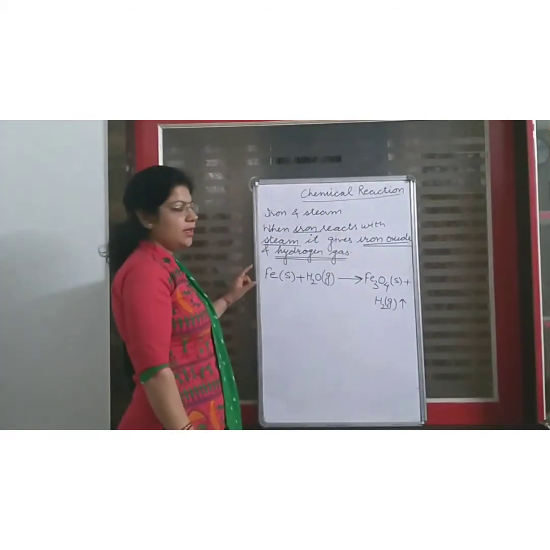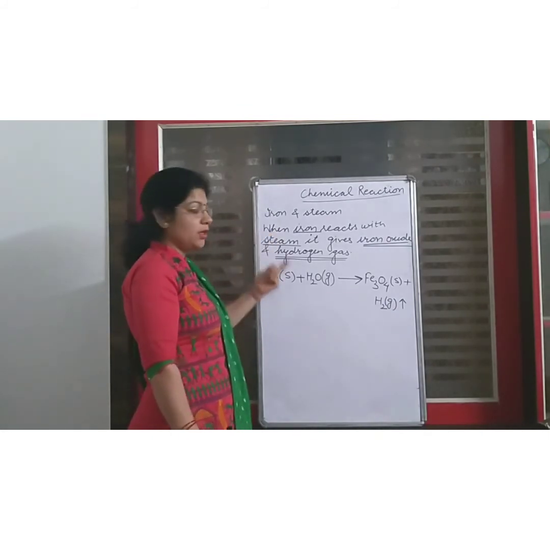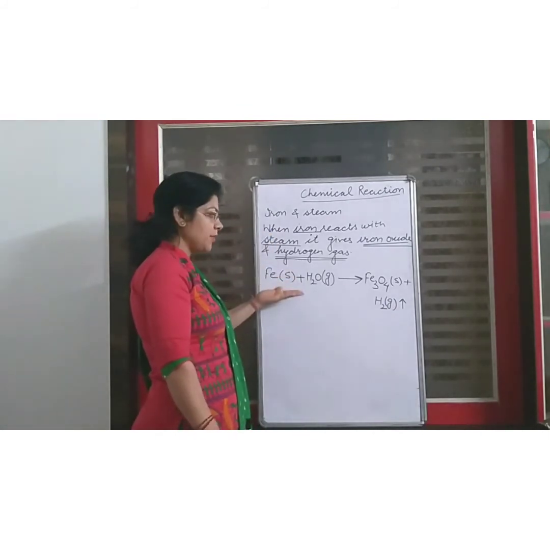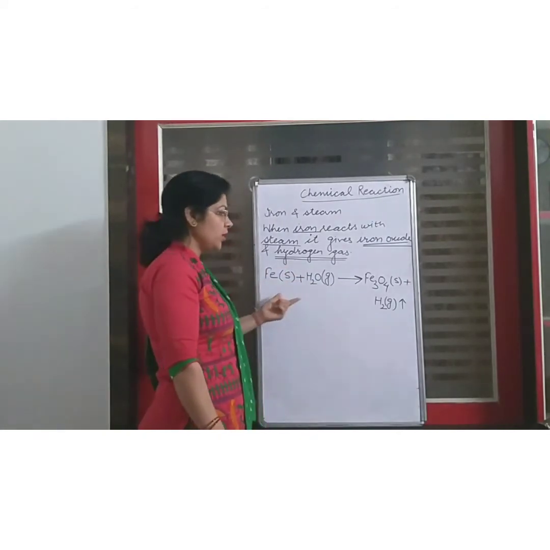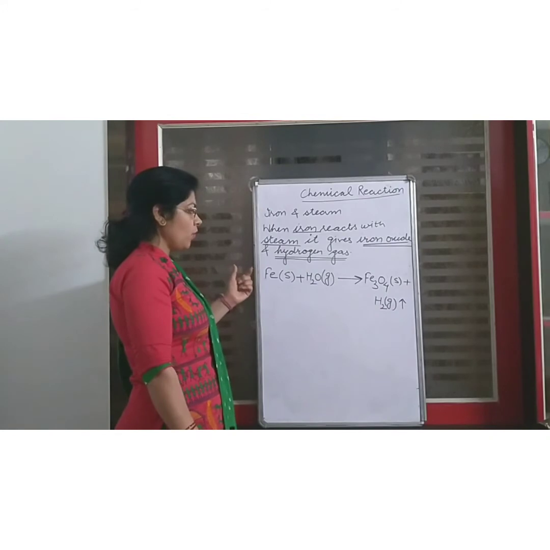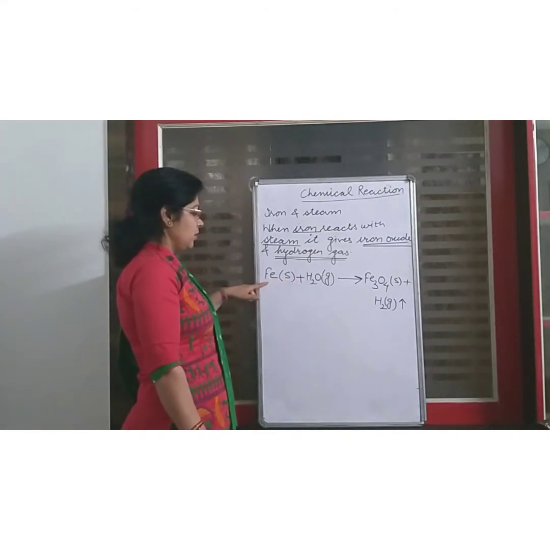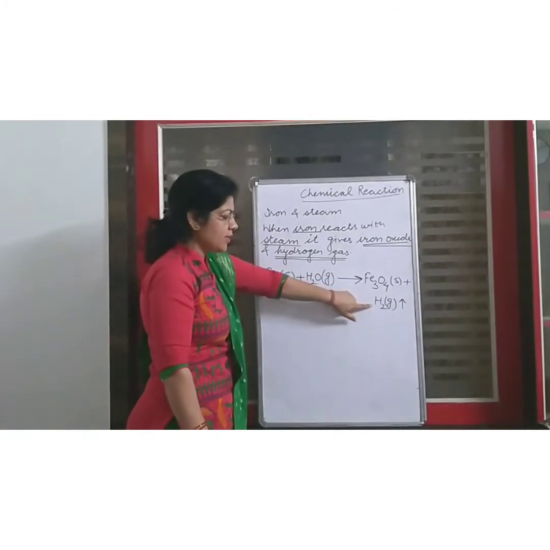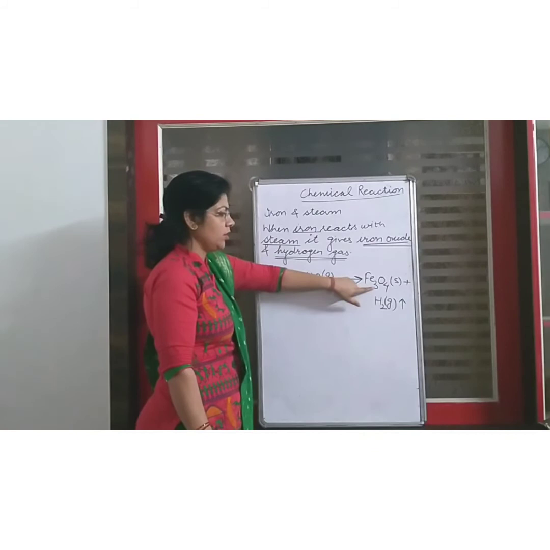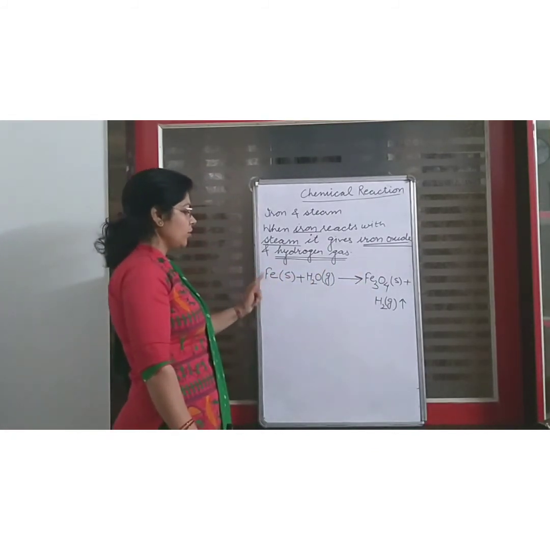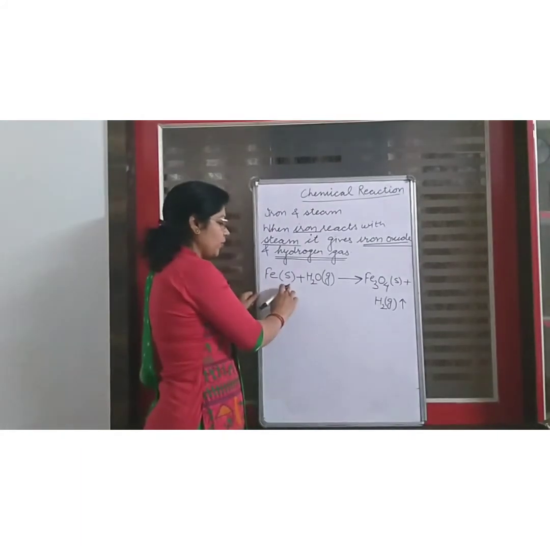The first criterion of a chemical equation is that it should be a chemical reaction. Second, it should be in the molecular form. The molecular form of water is this, and hydrogen gas is H2, iron oxide is Fe3O4, and the molecular form of iron is the same as that in the atomic form.